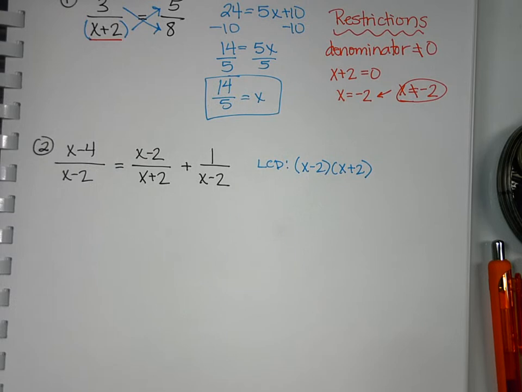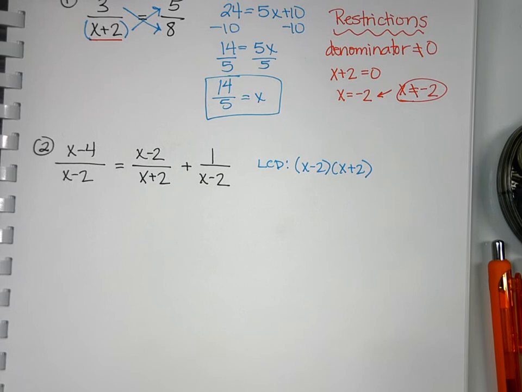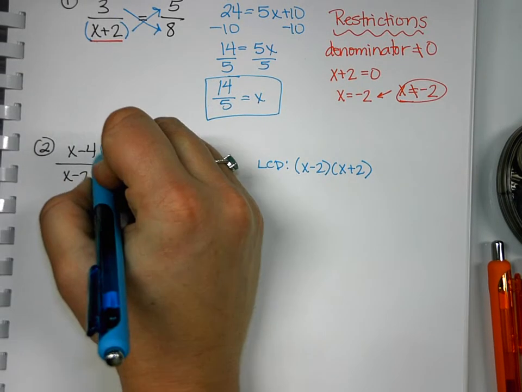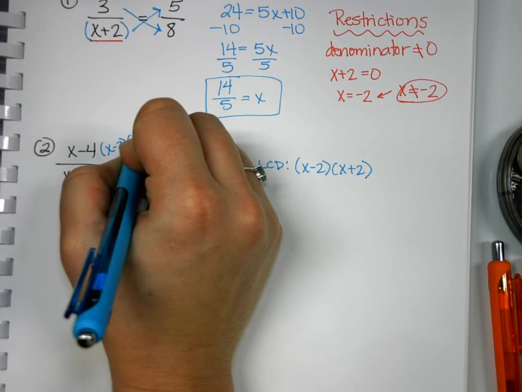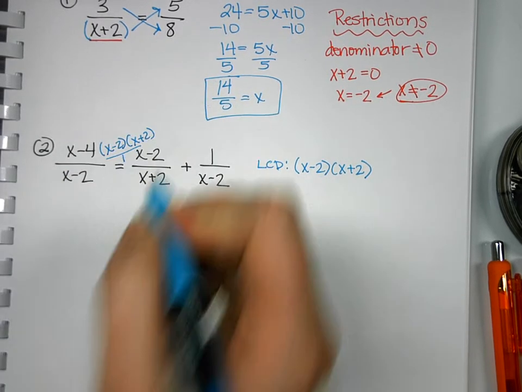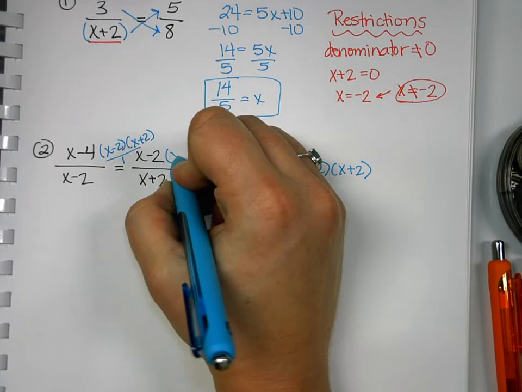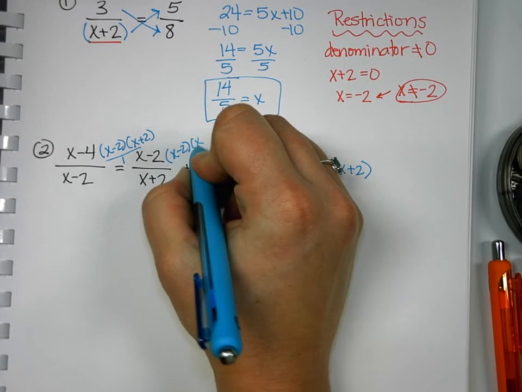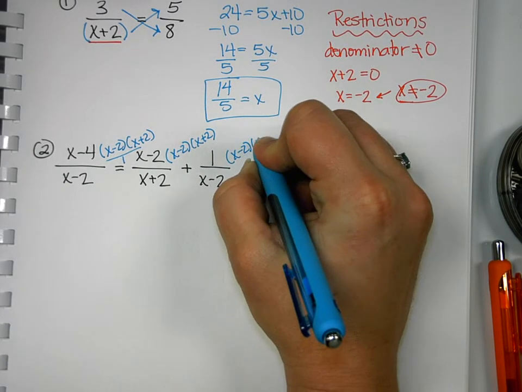So we're going to go about using the common denominator the same way we used it with complex fractions. If we multiply each fraction by the common denominator, so that means multiply this first one by x minus 2, x plus 2. And again, this would be over 1, so we're able to cross cancel. Same thing on this one, x minus 2 times x plus 2. And on the last one, x minus 2 times x plus 2.